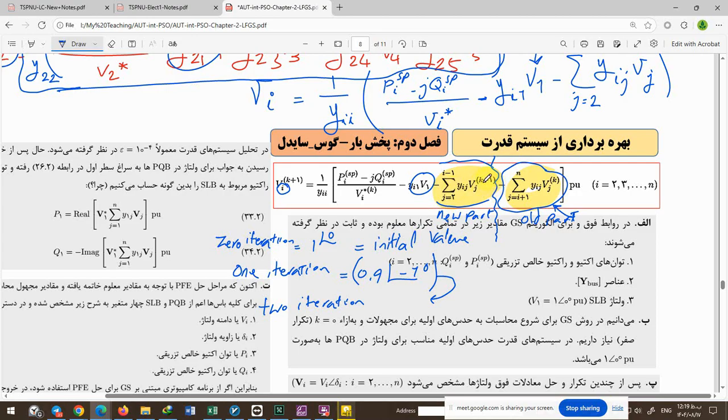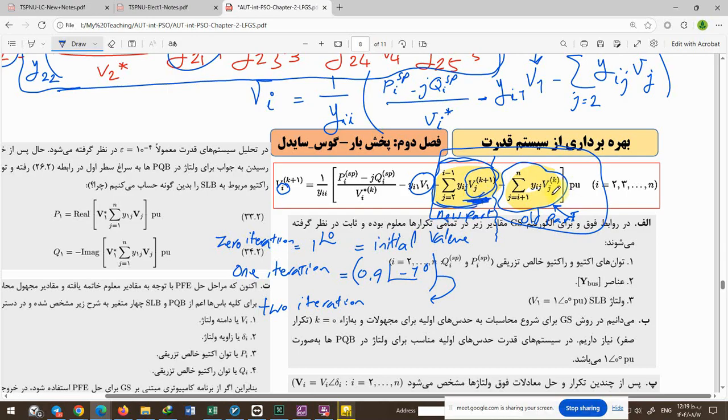In this part we replace the amount of Vj with the updated one.